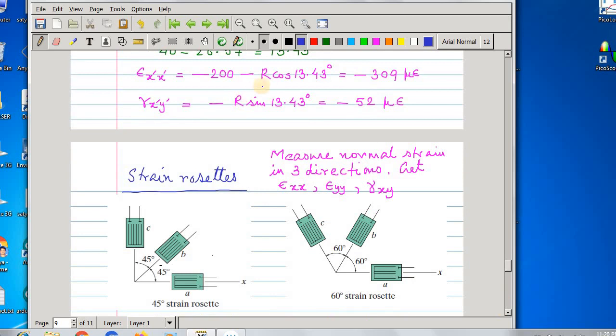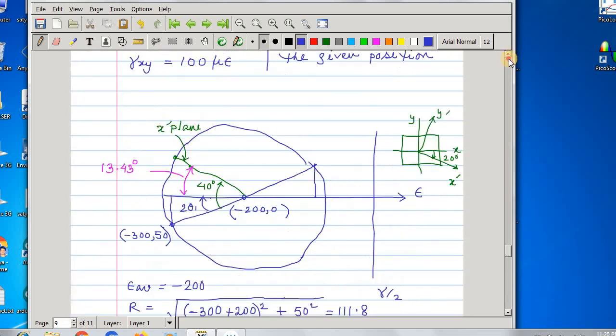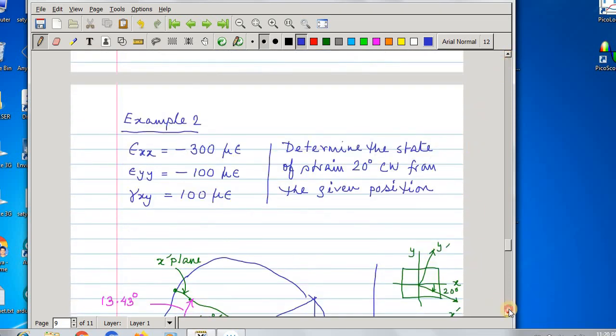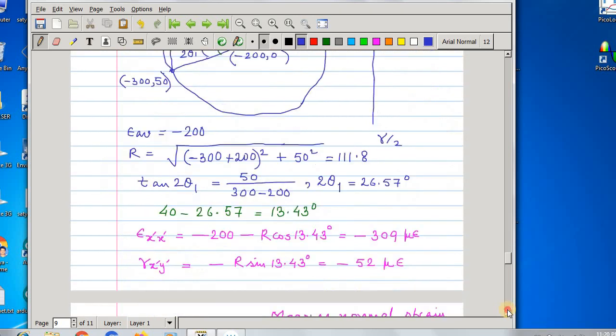So epsilon x dash is minus 200, that means the center of the circle, then again minus r cos 13.43 degree, and gamma x dash y dash is minus r sin 13.43 degree. Gamma x dash y dash is negative because it is above the epsilon axis and in the negative gamma axis.